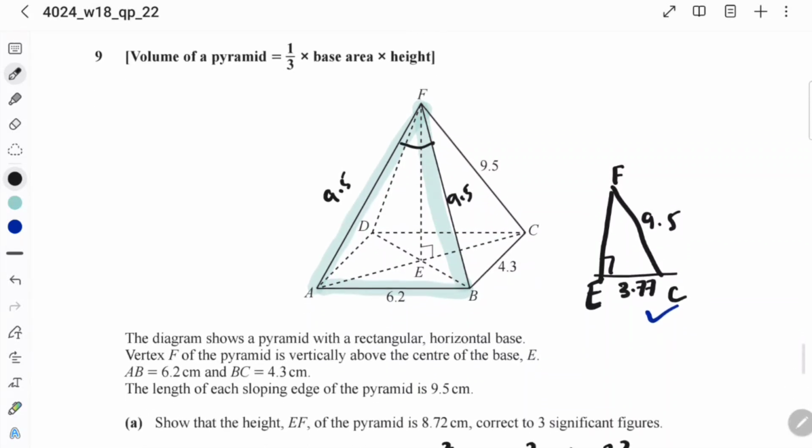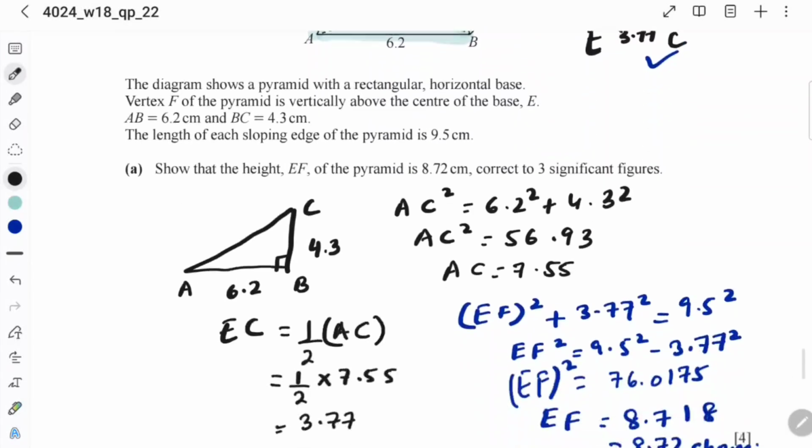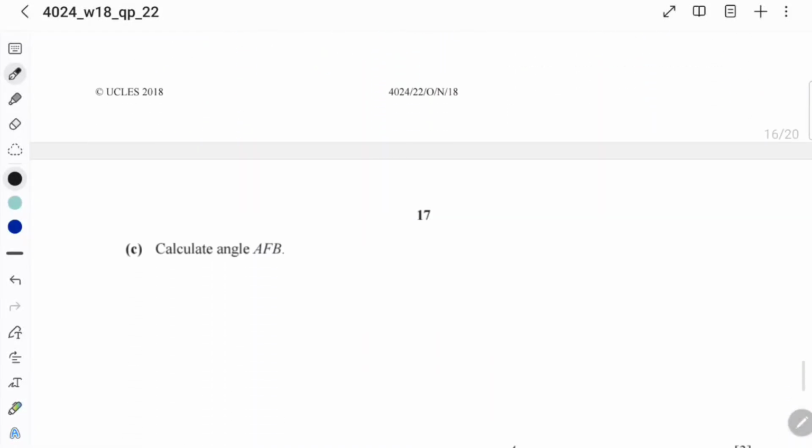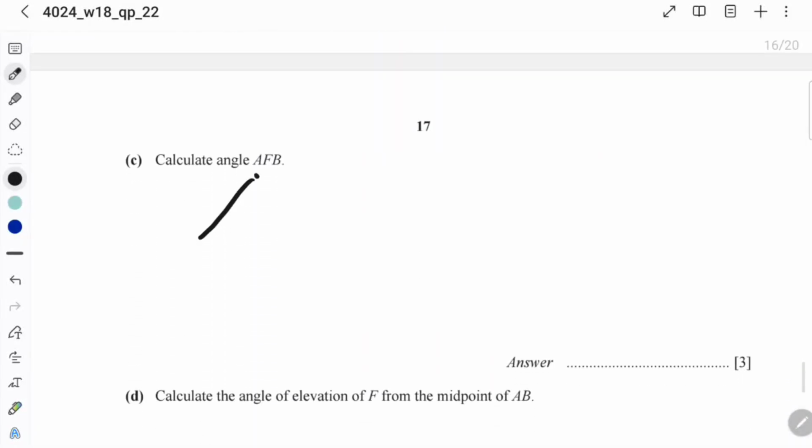Obviously 3 sides are there, so we'll use the cosine rule to calculate it.